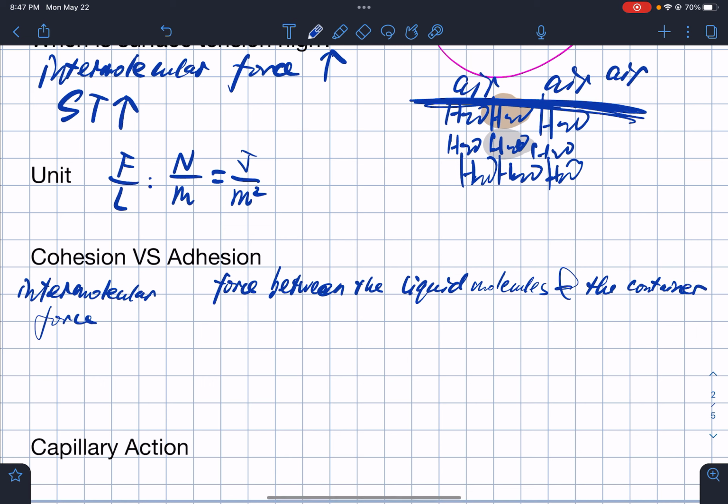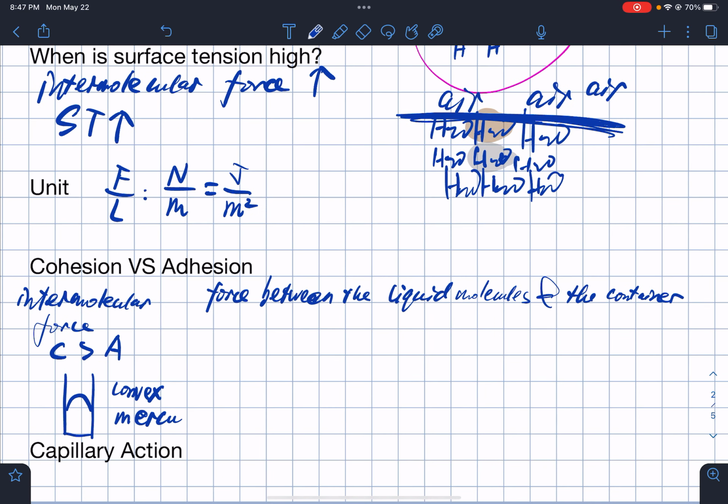So let's see the two different cases. If a thing has a stronger cohesive force than adhesive force, in the example of liquid mercury, then it forms this convex meniscus. This is mercury, because it really wants to hang out with its own buddies. It doesn't want any contact with the container, so it's kind of hugging into itself, having this convex meniscus.